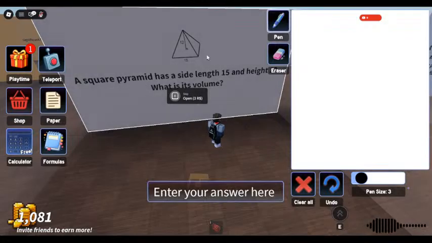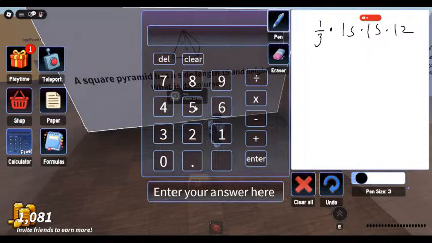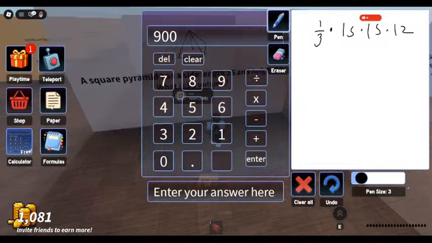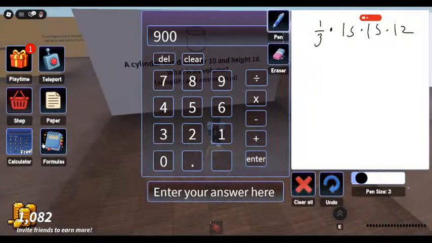A square pyramid, so then 15 times 15. Then height is 12, which then we get 15 times 15 times 12, 2700 divided by 3, get 900.